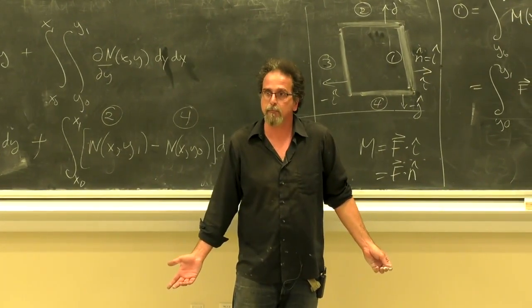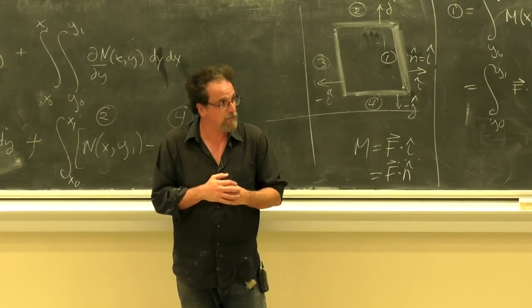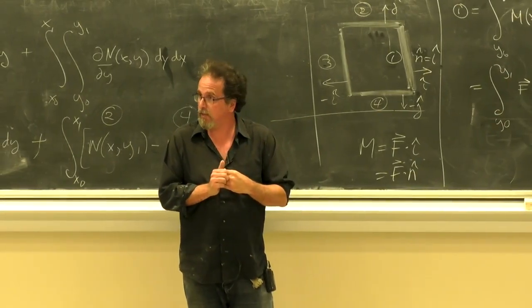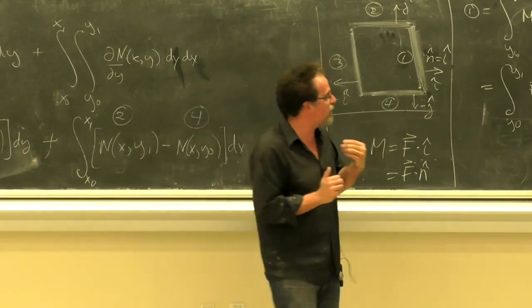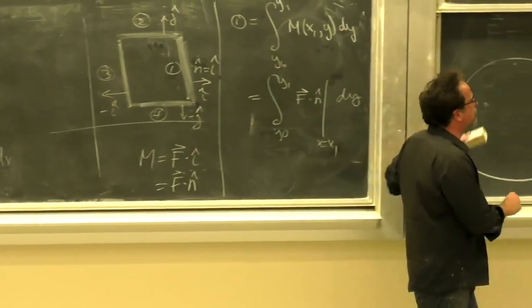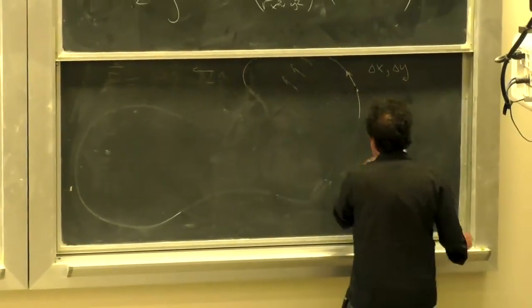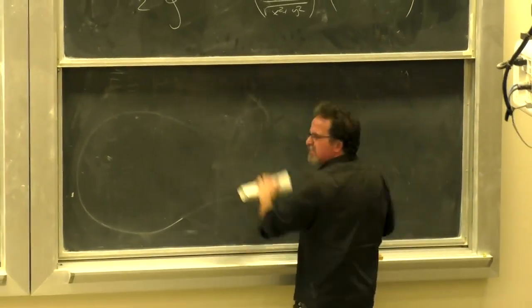It's that simple. Now, how do you deal with more complicated domains? And it's also beautiful how to deal with more complicated domains. And what's the answer to that? Well, you build them up.